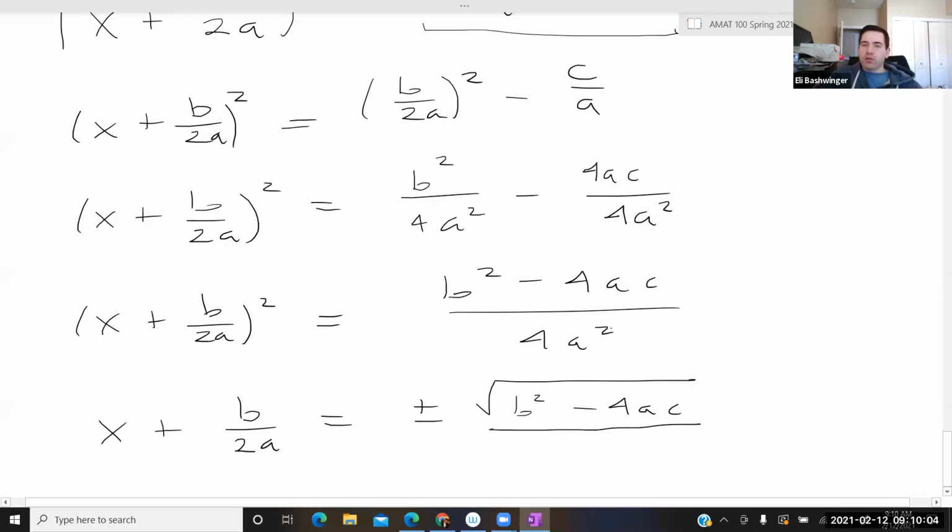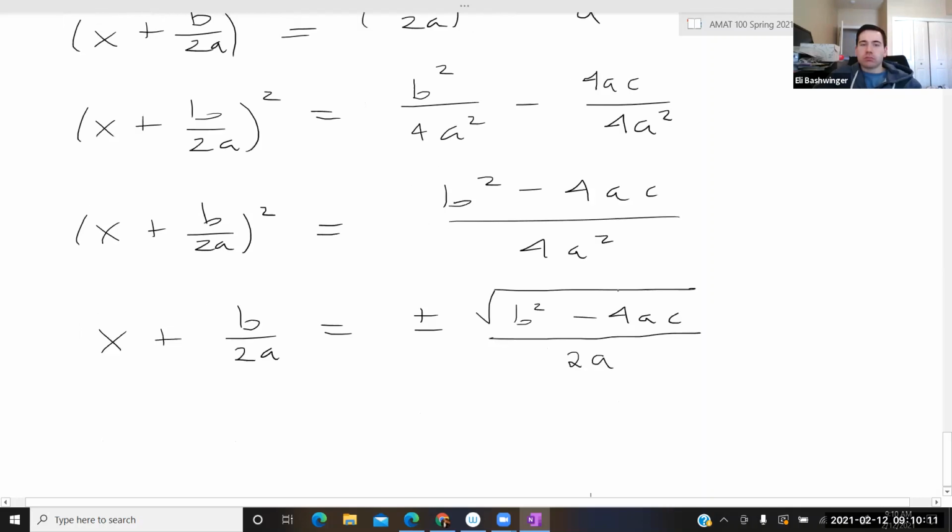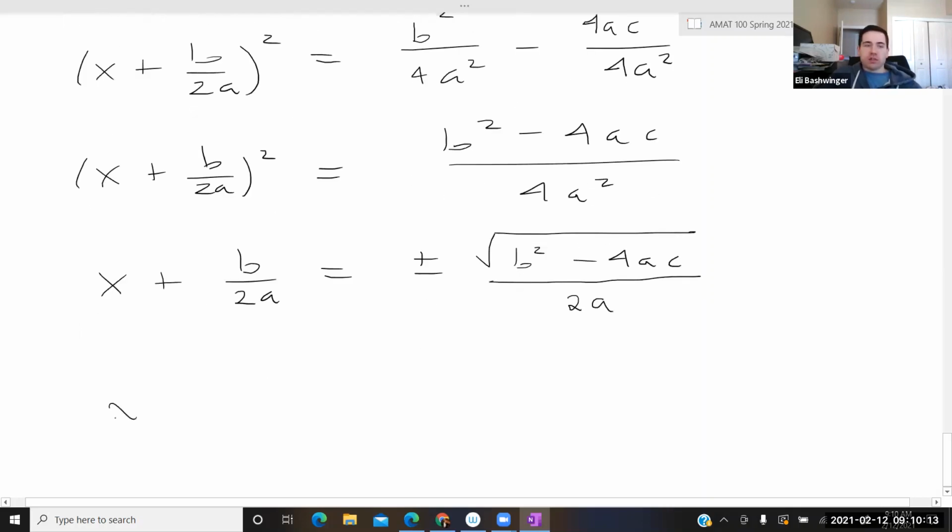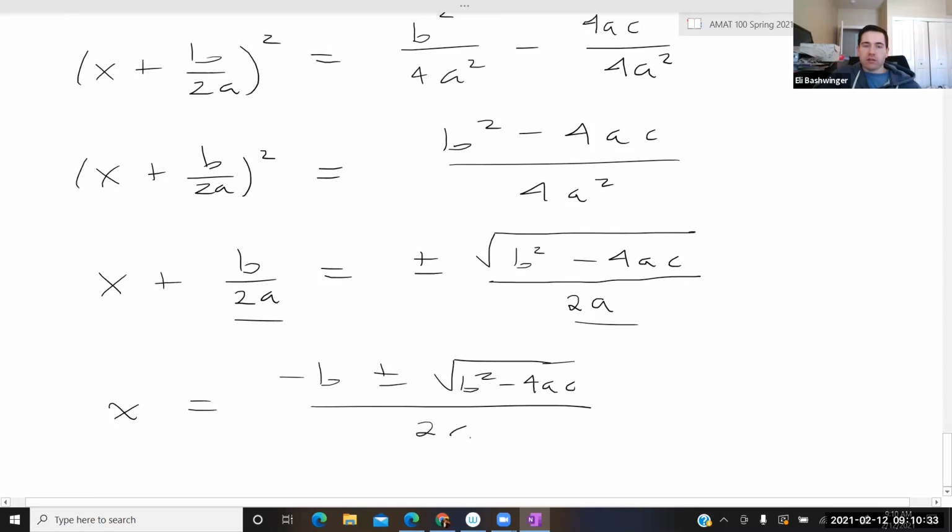The square root of the denominator just becomes 2a, right? And then you just solve for x. If you subtract b over 2a from both sides, this has the same denominator as that, so I can combine them. So I get negative b plus or minus the square root of b squared minus 4ac over 2a. And there you have it. You have the quadratic formula.